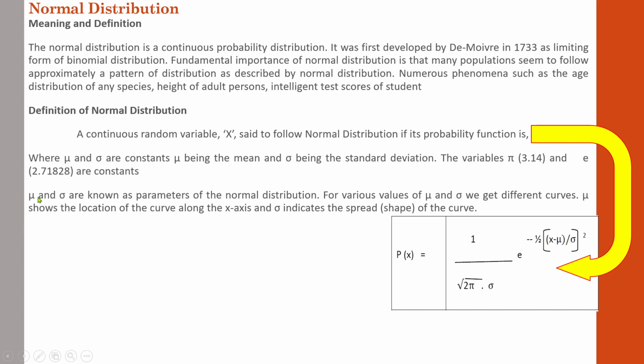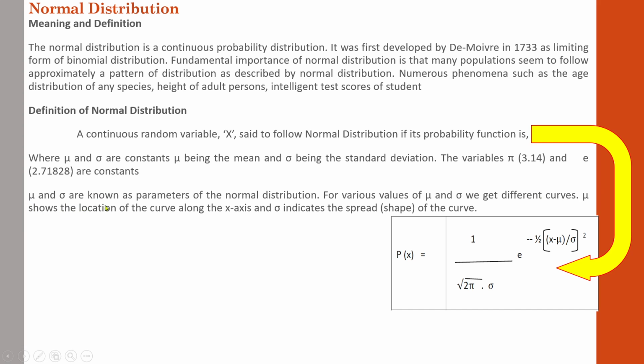Remember, mu, otherwise known as the mean of normal distribution, and standard deviation are known as the parameters of normal distribution. Just like the p and q in case of binomial distribution and m in case of a Poisson distribution, here the parameters are mu and standard deviation. For various values of mu and standard deviation, we get different curves.